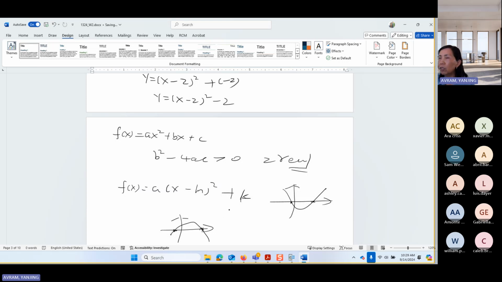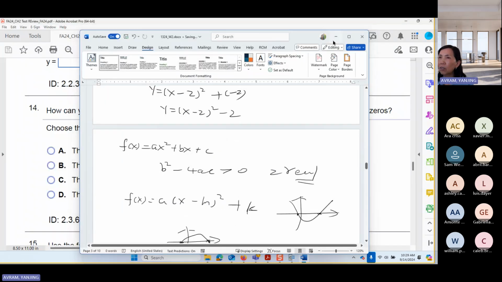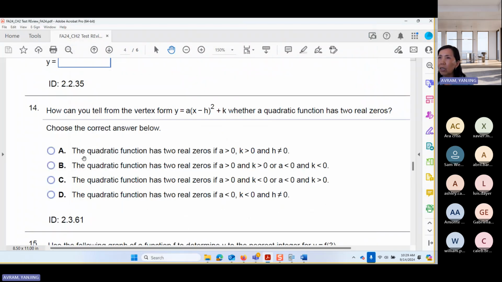So in order for this to be 0, let's see how we can choose the answer here. The quadratic function, if a is positive, k is 0, and h is not 0.